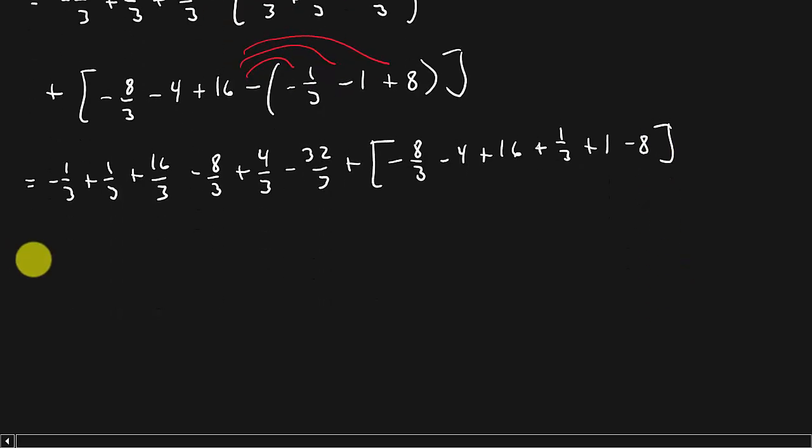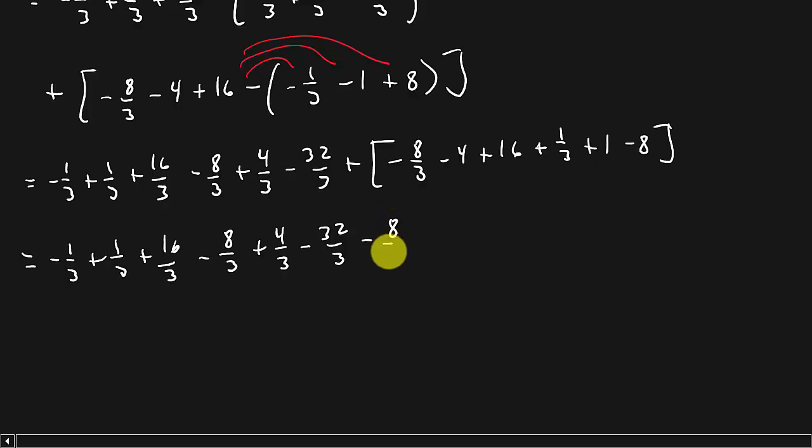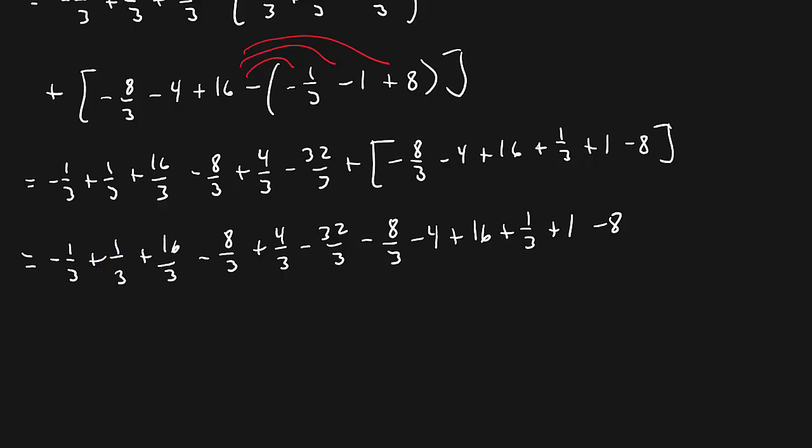All right, and that's going to equal -1/3 plus 1/3 plus 16/3 minus 8/3 plus 4/3 minus 32/3 minus 8/3 minus 4 plus 16 plus 1/3 plus 1 minus 8. All right, so there we have that so far.